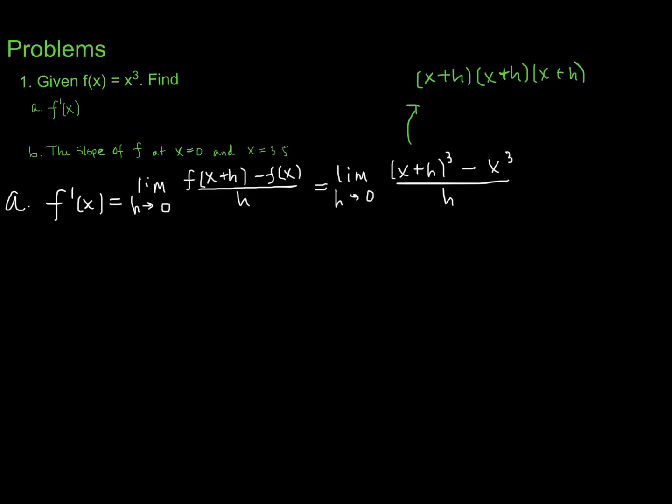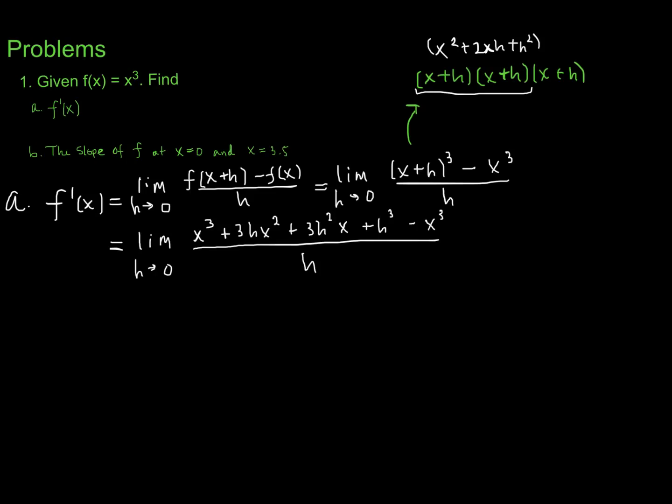So go through first, take it two at a time, and then what you'll have is x squared plus 2xh plus h squared. And then when you multiply by x plus h, you literally just have to distribute the x into all of these pieces and the h into all of these pieces and collect like terms. We'll take a look at what you get in just a second, but I want you to go through that yourself.